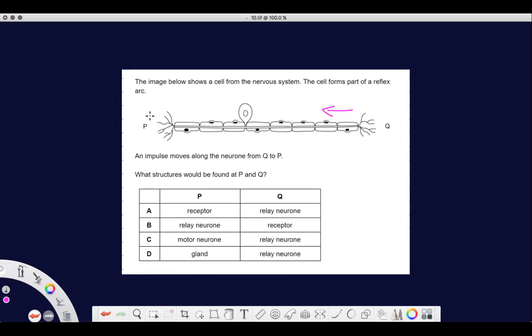So what is the structure found at P? What is the structure found at Q? Okay, let's see.